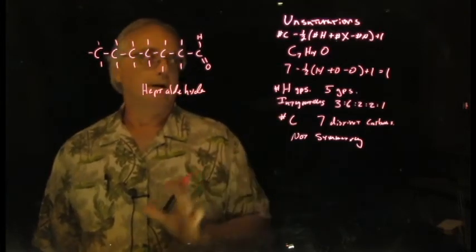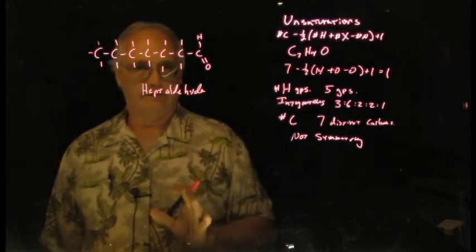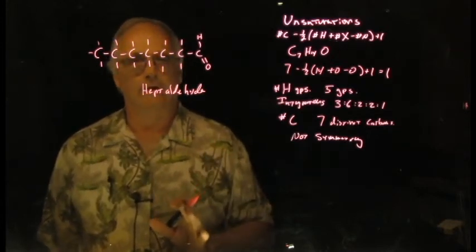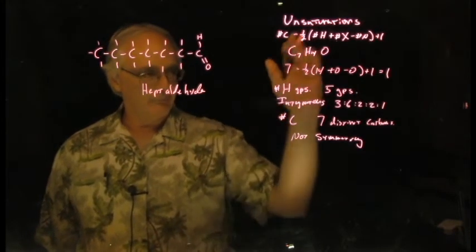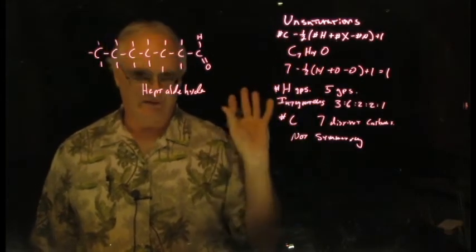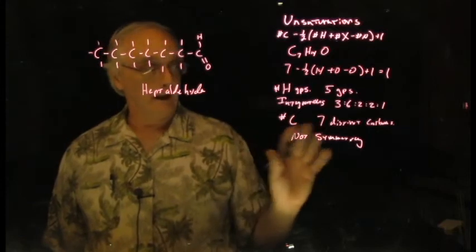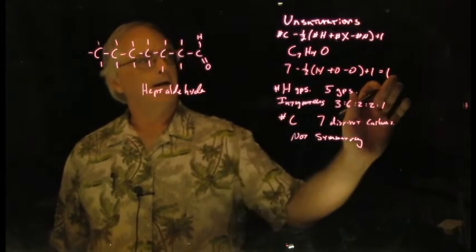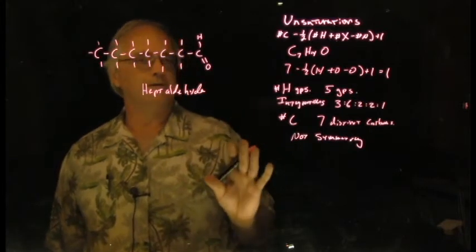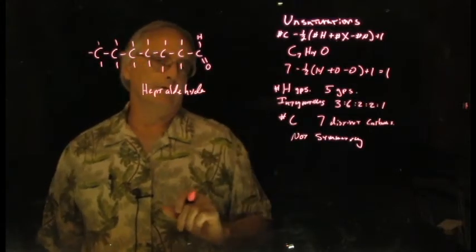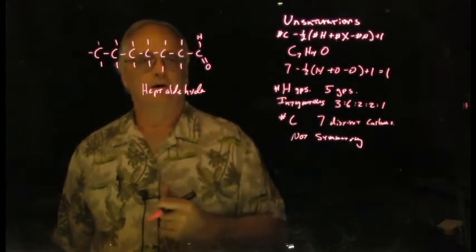I doodle a lot when I am doing this sort of stuff, and I strongly suggest you do that as well. If you're not in the habit of doing that, write these little bits of information down so that it's sitting right in front of you, so you can glance back at it and go, oh, that one unsaturation and the groups and so forth. That can often be extremely helpful when you are trying to solve a structure.